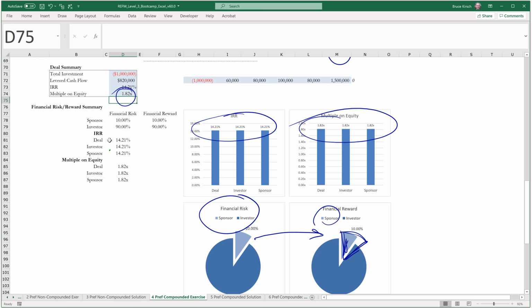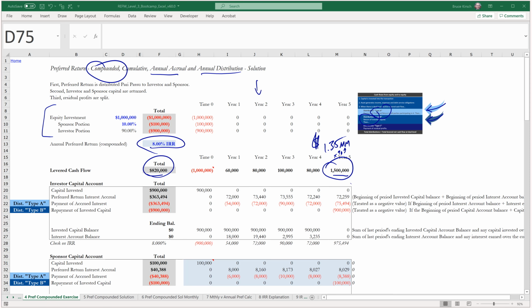Let's flip next to tab 6 to take a look at how this analysis would look if it were to be modeled out monthly instead of annually.